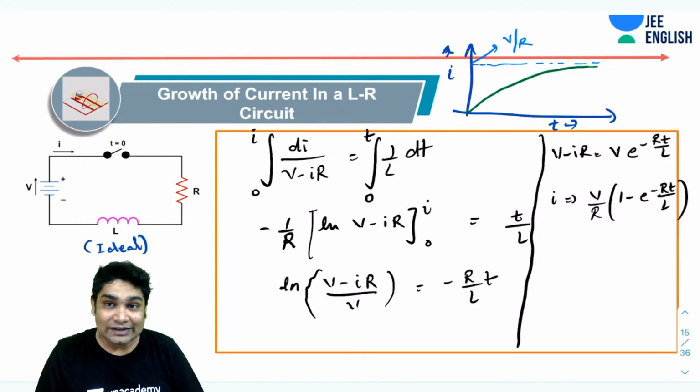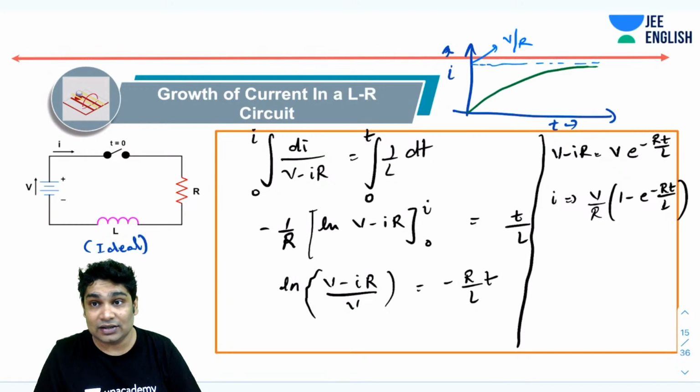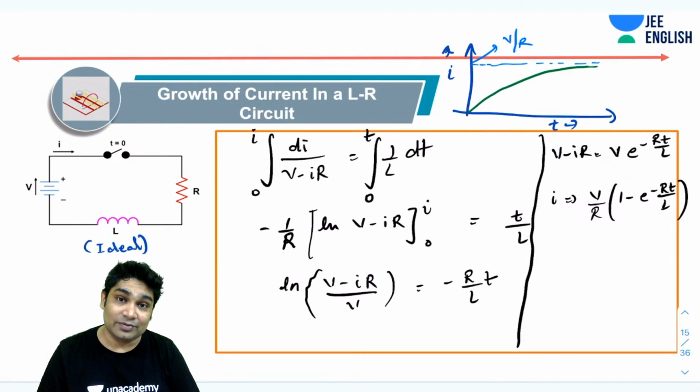Okay, everybody followed this. So this is the equation governing the growth of the current in an LR circuit. So remember this equation. Now, does this look familiar?